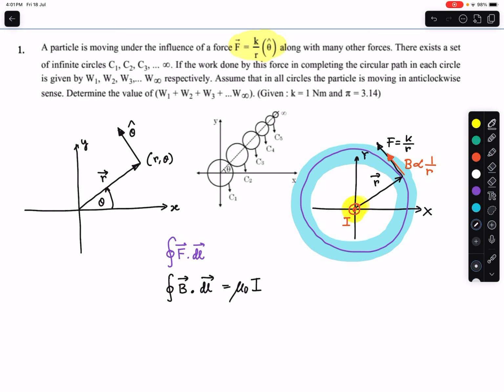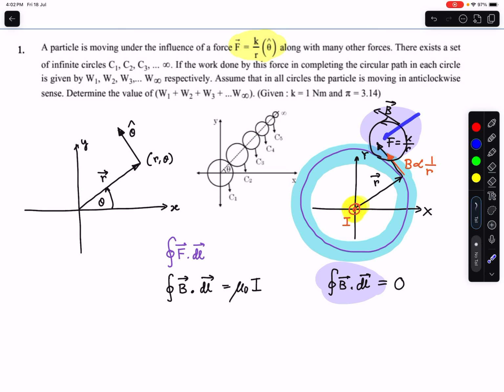And one thing you note is that if you have a circle here, what will be B dot dl around this circle? So integration of B dot dl around this circle, marking this by a color code, see, purple color, this is equal to 0 because what is the current crossing this loop?